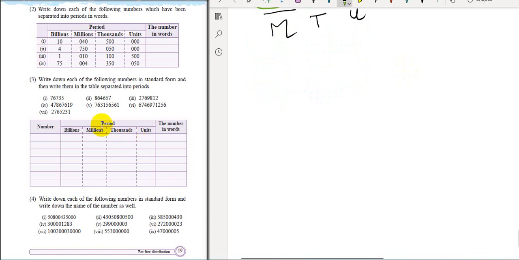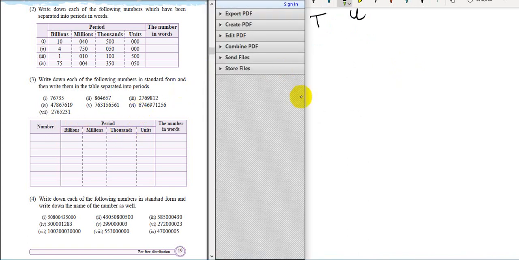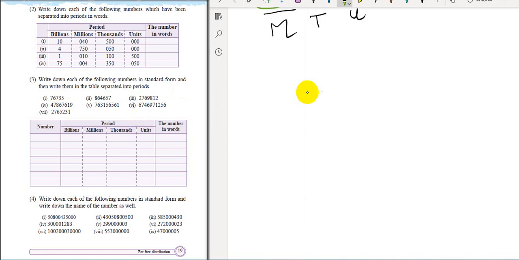Then the sixth one we are going to do. 6, 7, 4, 6, 9, 7, 1, 2, 5, 6.